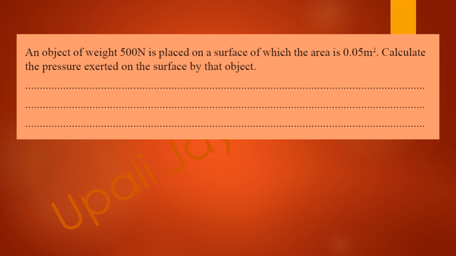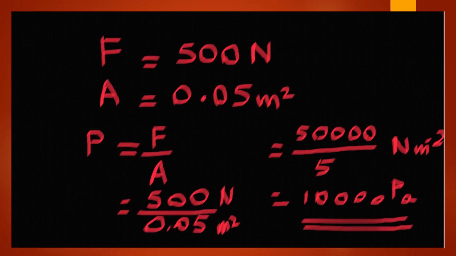Next problem. An object of weight 500 newtons is placed on a surface of which the area is 0.05 square meters. Calculate the pressure exerted on the surface by that object. Here weight is given, that is the perpendicular force exerted, that is 500 newtons. Contact area is 0.05 square meters.